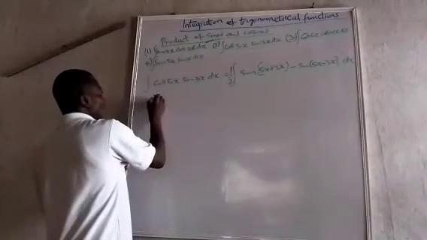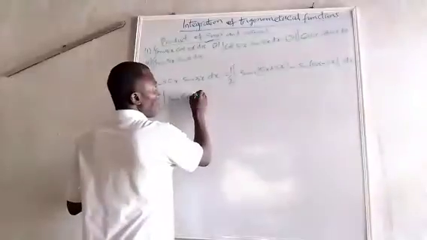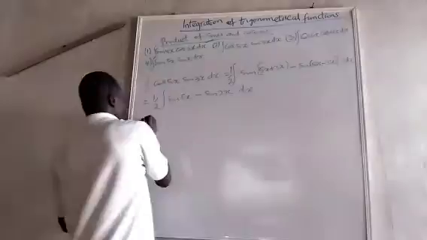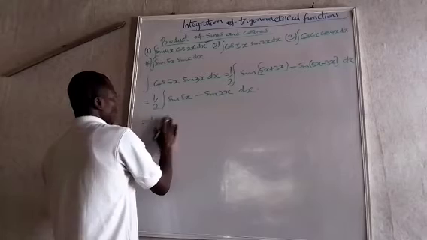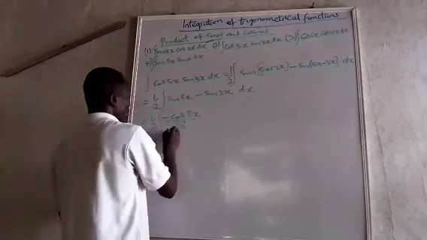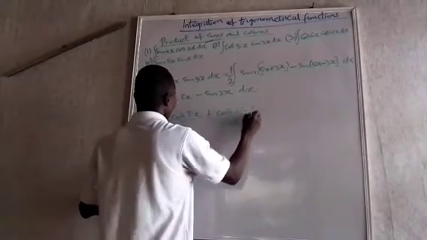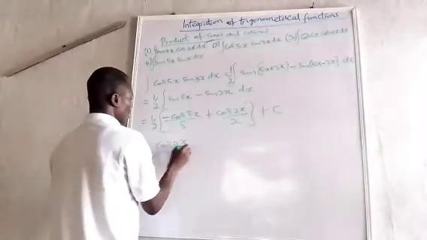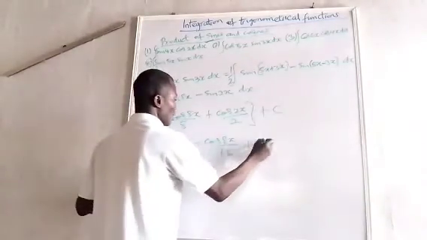So we are going to have half of sine 8x minus sine 2x dx, which is half into minus cos 8x over 8 plus cos 2x over 2. So it's going to give me cos 2x over 4 minus cos 8x over 16.